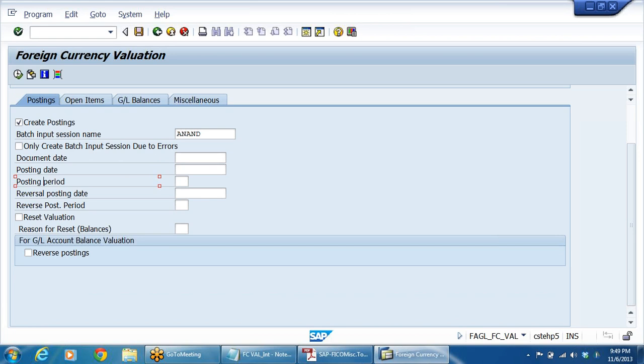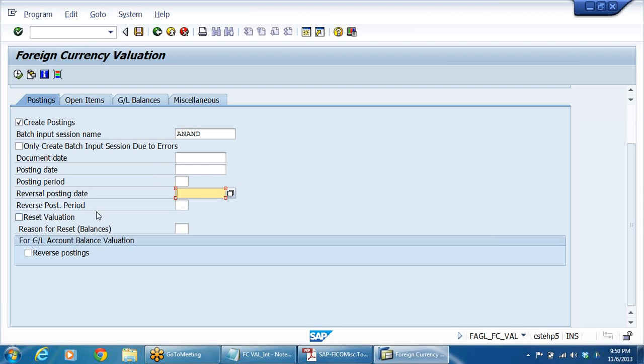Document date, posting date, reverse posting date. Okay. The posting period. Document date is going to be document date, posting date. In fact, I need not give, the system by default will take it on 31st. Reversal posting date also the system will take. Right.